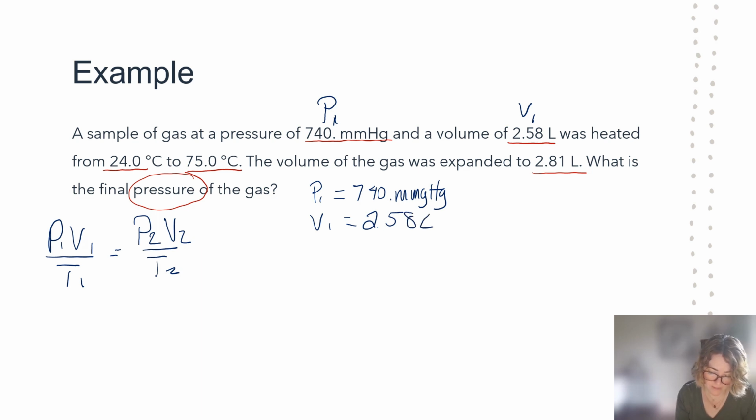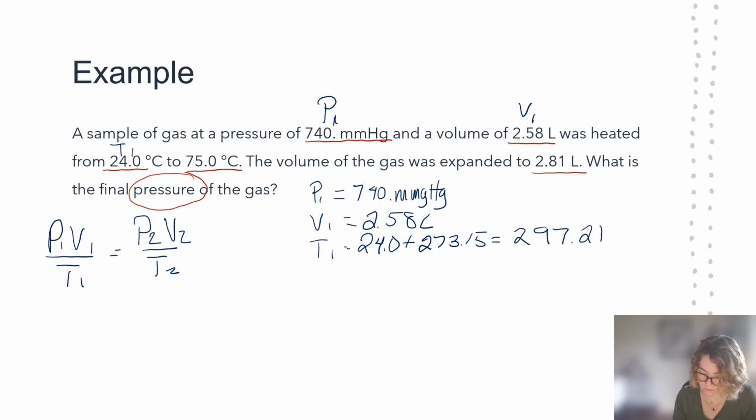And I have been given an initial temperature, T1, which is 24 degrees Celsius. Before I do anything else, I want to go ahead and convert this to Kelvin, and that is going to be 297.2 Kelvin. And remember that I am using decimal places here when I'm determining the number of significant figures because I am adding.